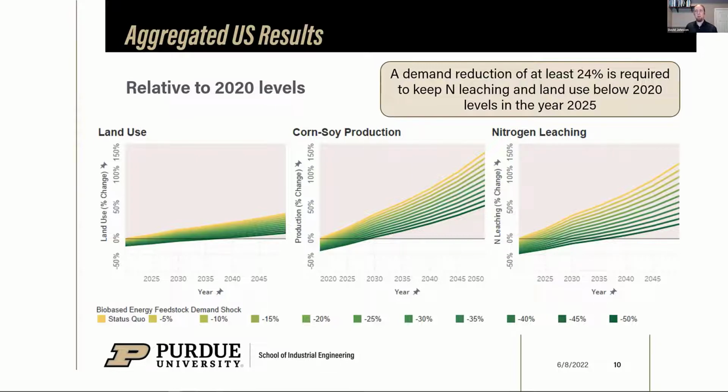If we wanted to keep things at 2020 levels all the way out to 2030 for the next decade, then a demand reduction of at least 41% would be required.